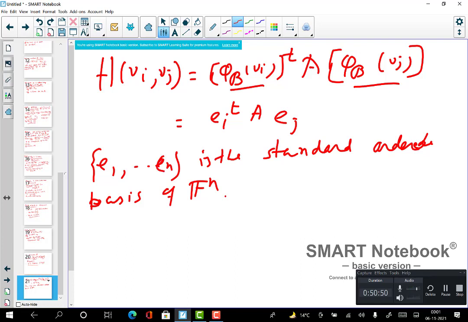When you multiply, Ei has 1 only at the ith position and everything else is 0, so this is nothing but giving the ith row and jth column.